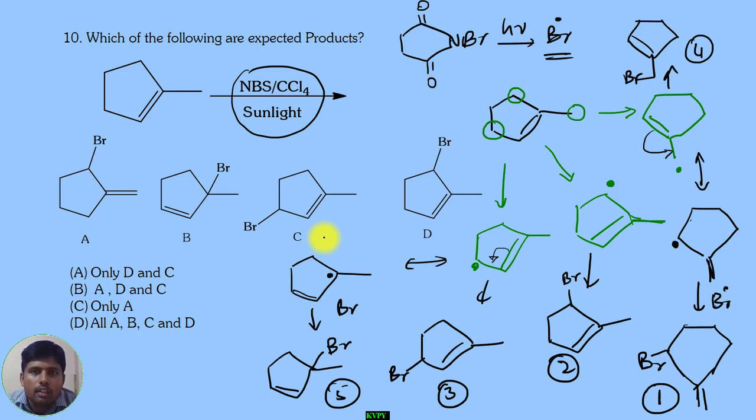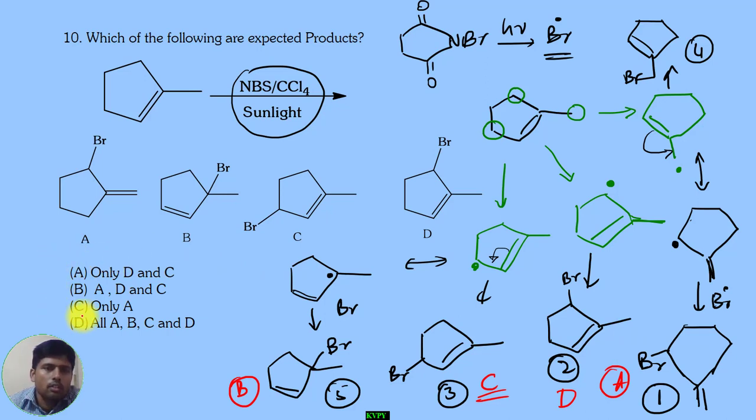Now if we compare, there are very few of them, so it's easy to compare now. If you see D, this is D. And if you see C, this is C. B, if you look at B, this one matches with B. And here 1 matches with A. So all these possibilities are there.